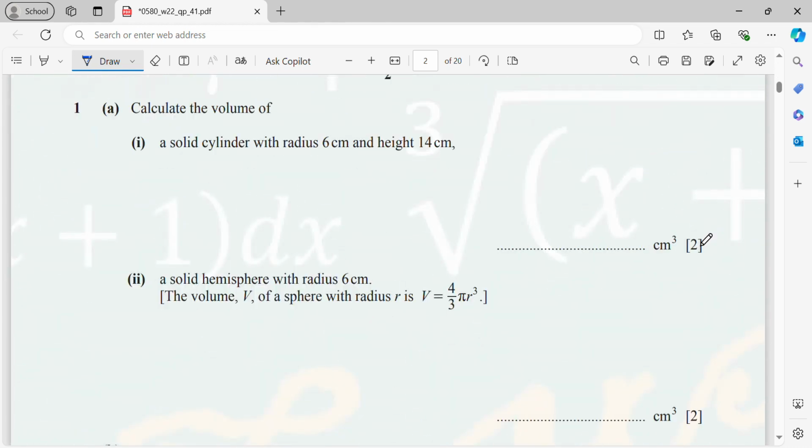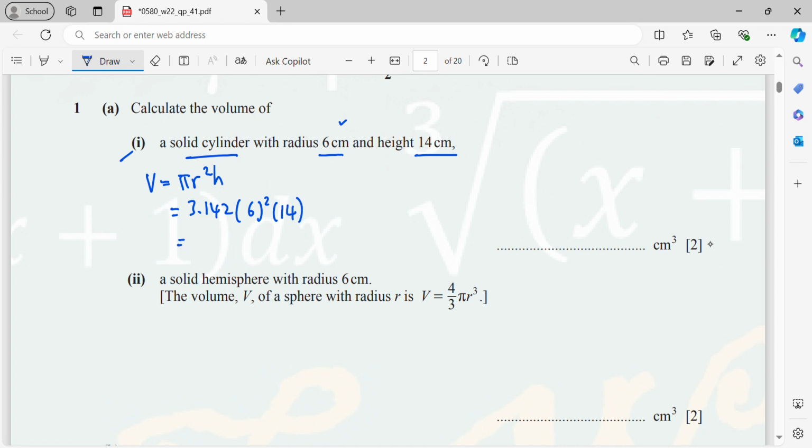For question number 1a, calculate the volume of, first part, a solid cylinder with radius 6 centimeters and height 14 centimeters. For your information, the volume is basically pi r squared h. Therefore pi is 3.142, the r is given as 6, so 6 squared, and the h is 14.